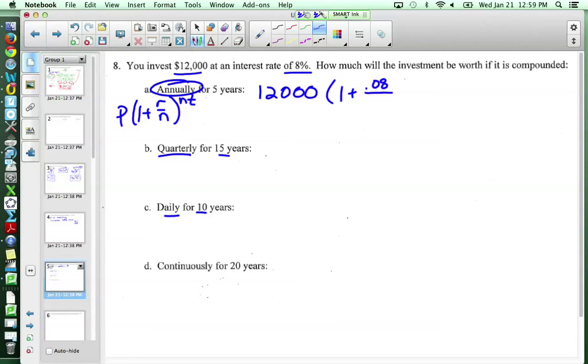This is annually, so it's only going to be once per year. And then the NT is just 1 times whatever the time is. In this case, it's 5 years. Be careful how you type this into your calculator. You don't want to mistype anything. But we do end up with a value of 17,631.94.